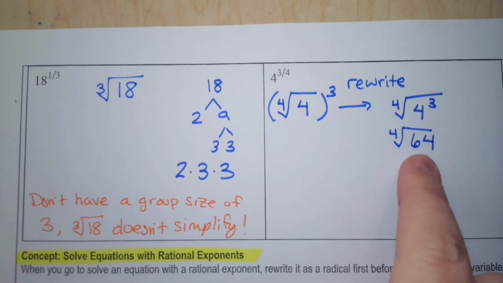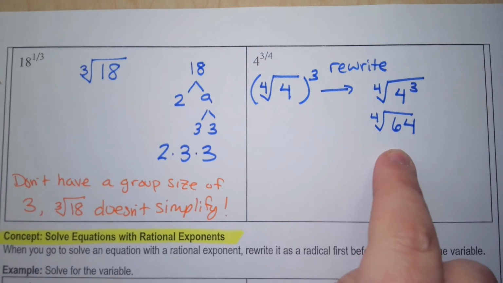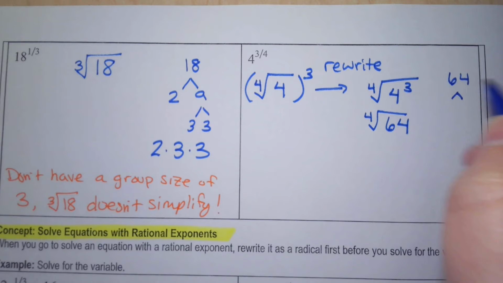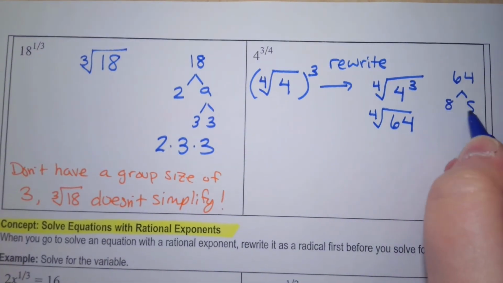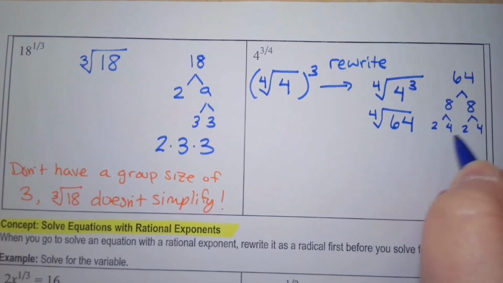So now we need to see if we can simplify the 4th root of 64. So we have 64. So we have 8 and 8, 2 and 4, 2 and 4, 2, 2, 2, 2.